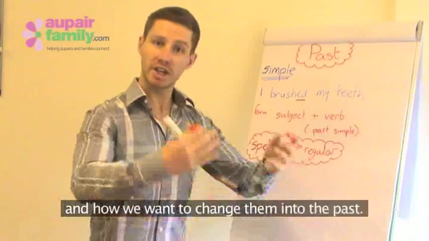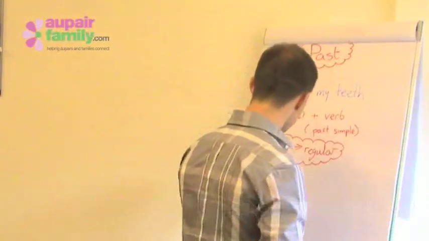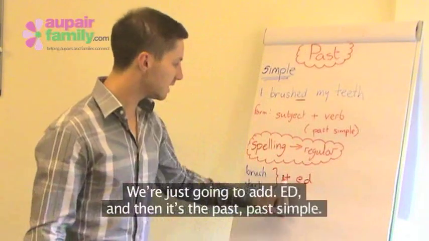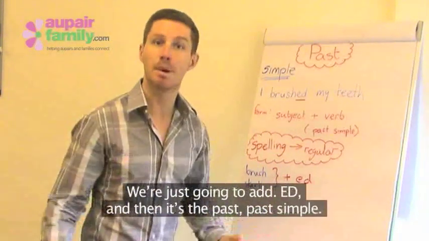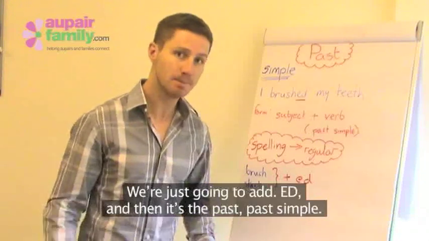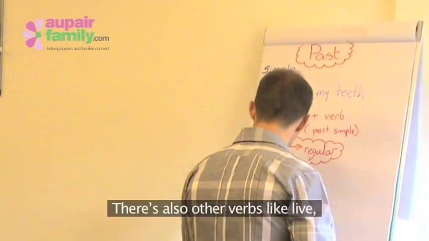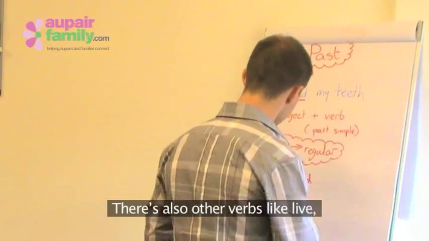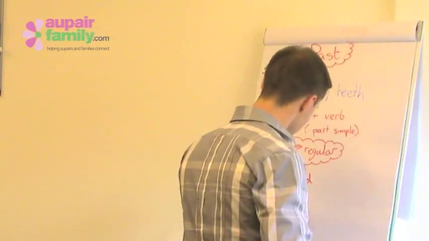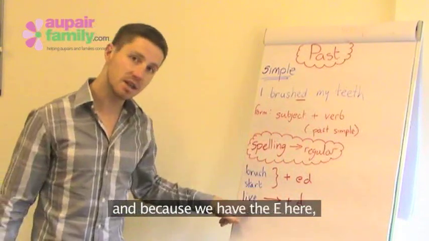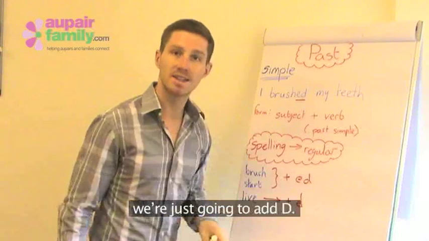And how we want to change them into the past, we're just going to add ed, and then it's the past simple. Yeah? There's also other verbs like live, because we have the E here, we're just going to add D.